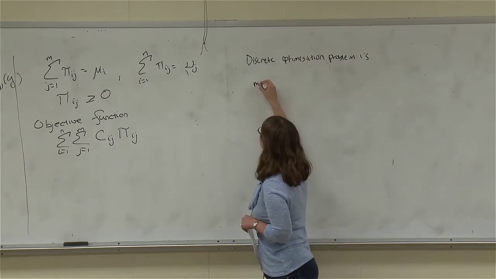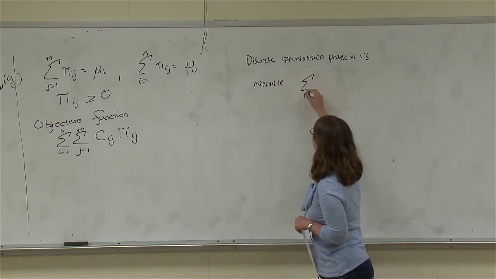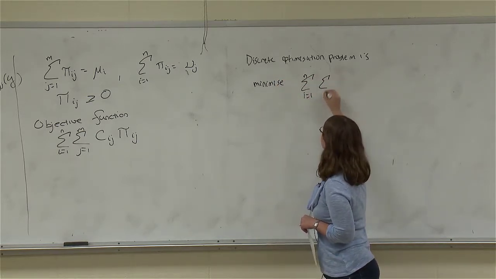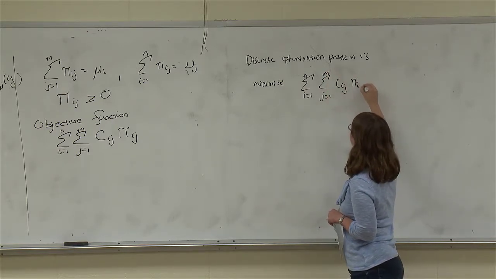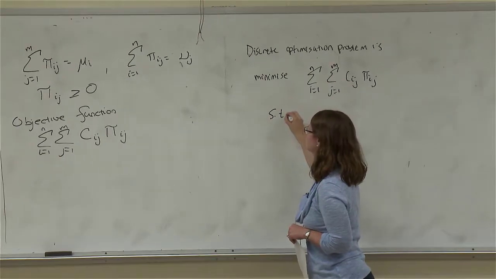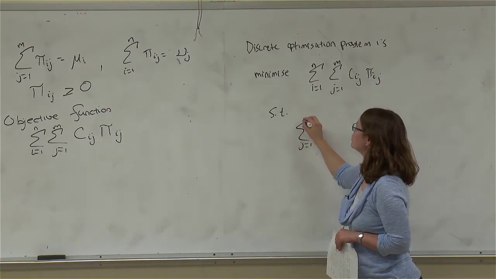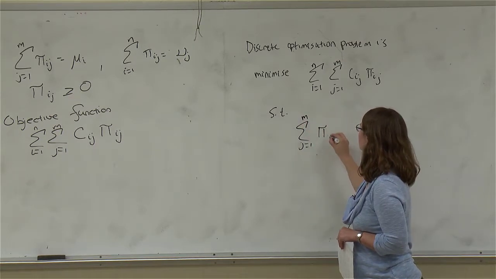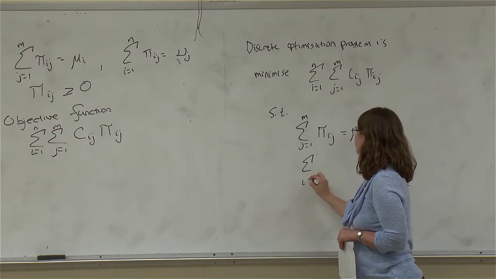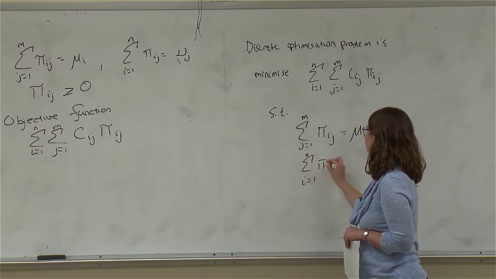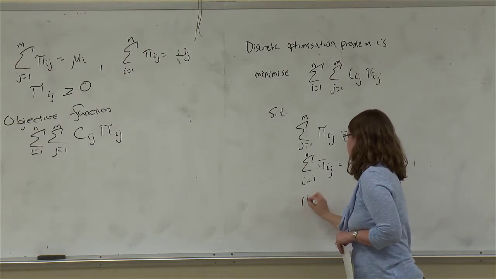Minimize this objective function, subject to, again, just writing down what's already there, a couple of equality constraints, and an inequality constraint.